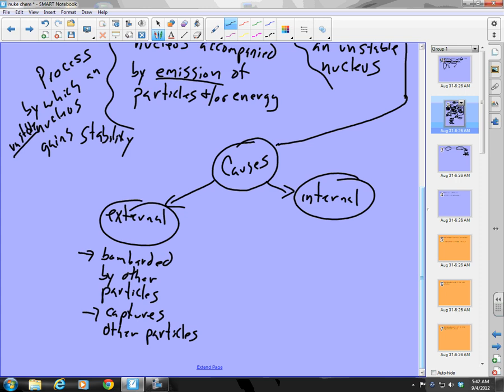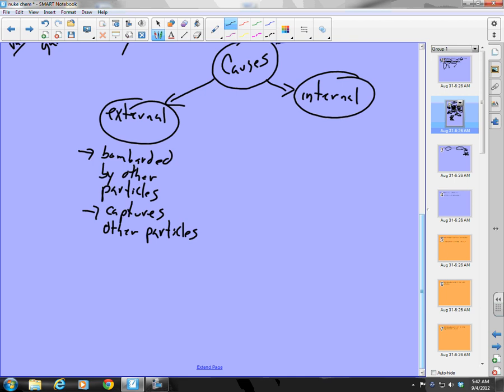On the internal side, what I'm talking about here is just from nature when it was formed. Is there a problem with the way it was formed which would lead it to be unstable? And there are two reasons why that I want to talk about. One is a high proton to neutron ratio. That means there are too many protons in the nucleus for it to be stable.